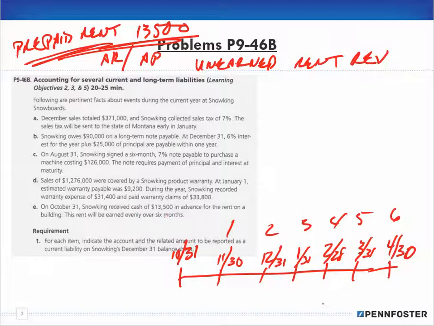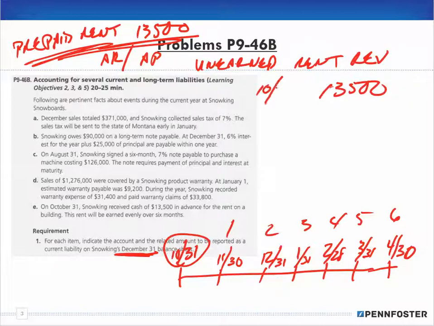Now this is October 31st, and it's saying we're looking at the balance sheet at the end of December 31st. So on October 31st, our unearned rent revenue is going to show the full $13,500.